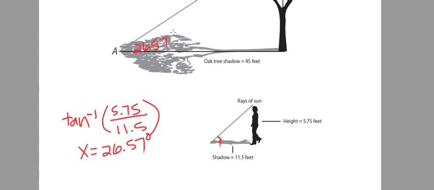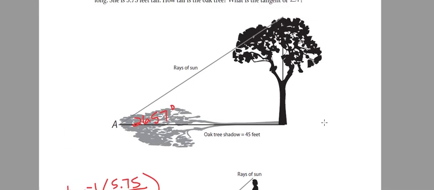So now I can go up and apply this 26.57 degrees there. If I want to figure out how tall the tree is, I know this angle, and I want to find the opposite, and I'm given the adjacent. So the tangent of 26.57 is equal to the opposite, which is x, over the adjacent, which is 45.